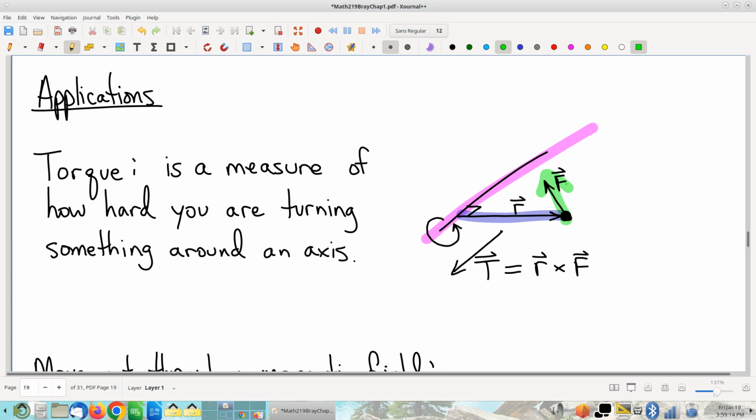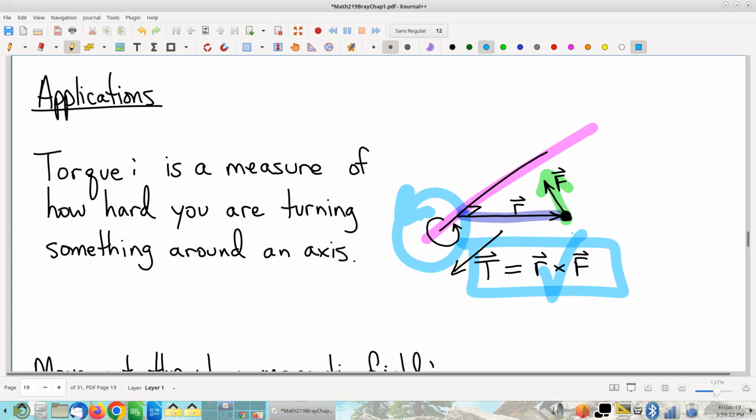And in fact, torque, how hard you're twisting, is computed by this formula, and you'll notice it's a cross product. So, again, it's intrinsic to the world. It's not abstract, made-up nonsense. Is that cool?